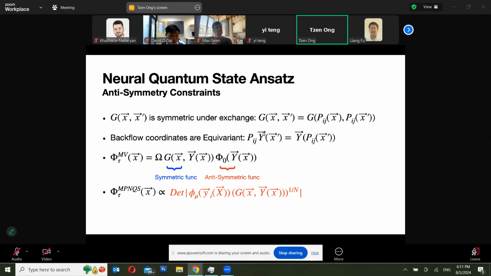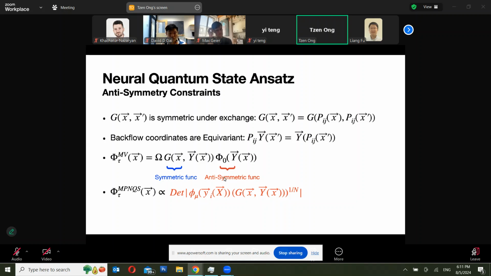So the neural network that we have to construct is equivariant, and that's what the attention mechanism does. The neural network ansatz at the end of the day will be a symmetric function g of y times an anti-symmetric function phi naught of y.